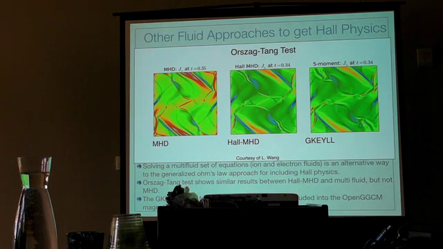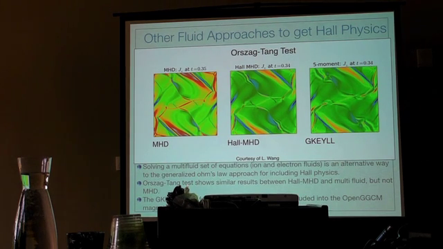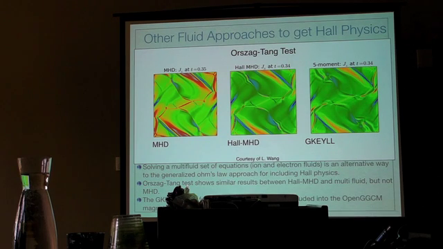So finally, the last thing I want to show is that you don't just have to stick with the generalized Ohm's law approach. You can go to a multi-fluid, multi-moment approach, where instead of multiple ion fluids, you now have ion and electron fluids separately. So this is work being done by the OpenGGCM group in collaboration with the group at the Princeton Plasma Physics Lab.